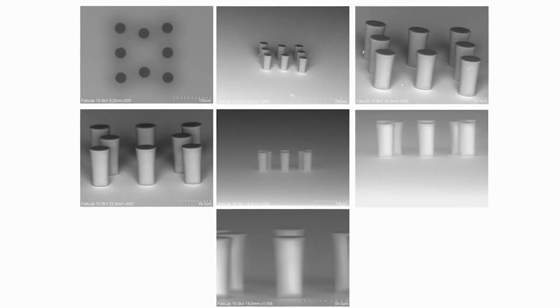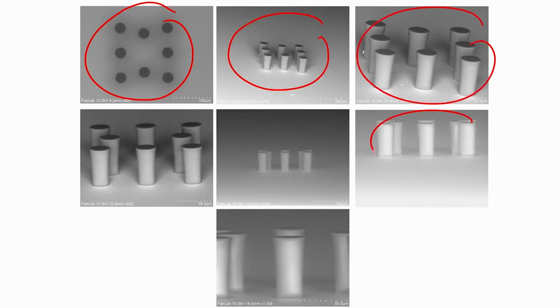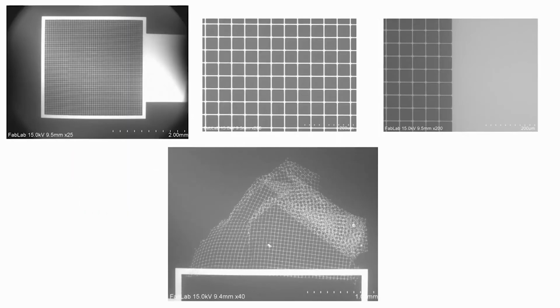You can see SU-8 pillars, this is a top view, and here a cross sectional view or side view, see SU-8 pillars. This is a grid, micro grid, right, and you can see a fine mesh here.